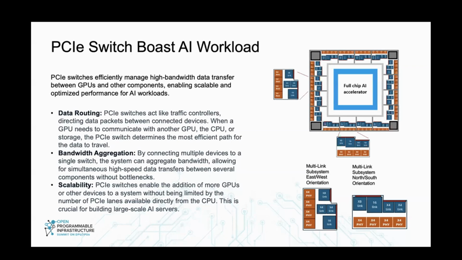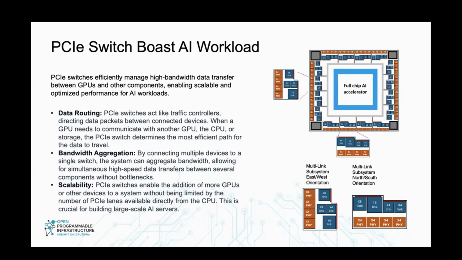And scalability: we have a CPU with limited connectivity connected to the PCIe. But using a PCIe switch, it collects all the connected devices and gets connected to the single CPU. So the CPU is not limited by the pin connectivity. That's all about the scalability.